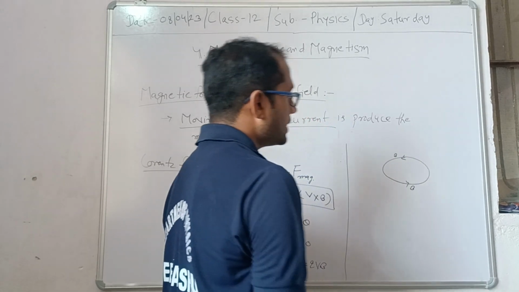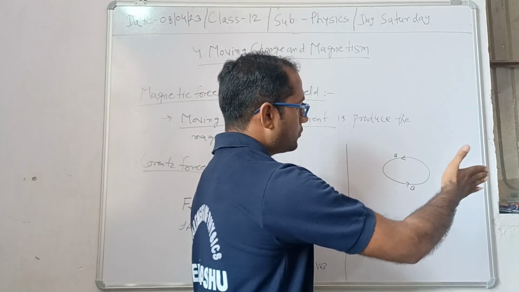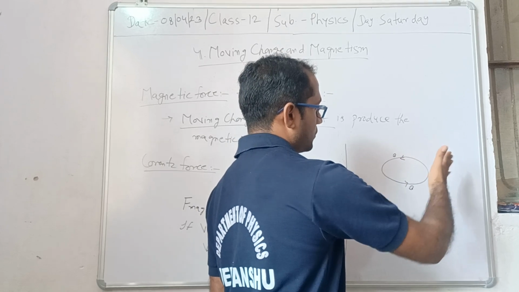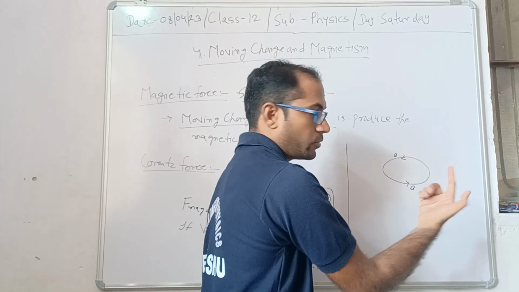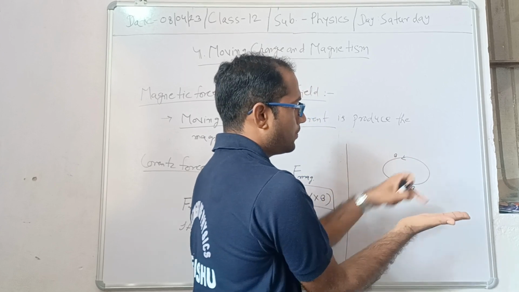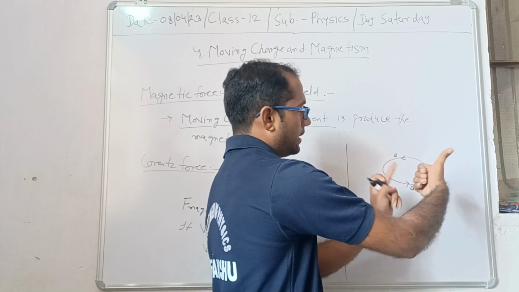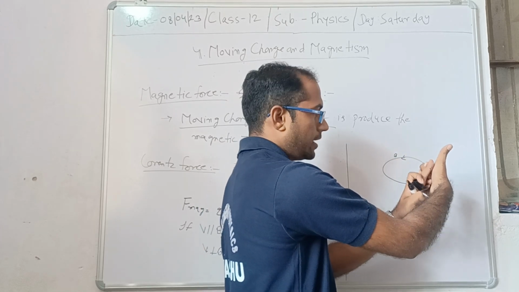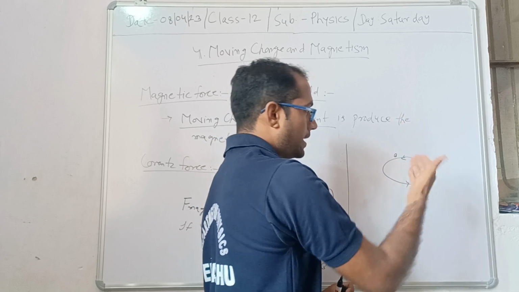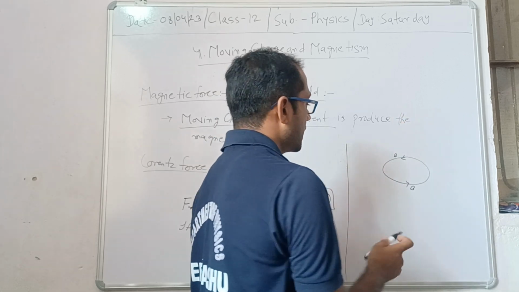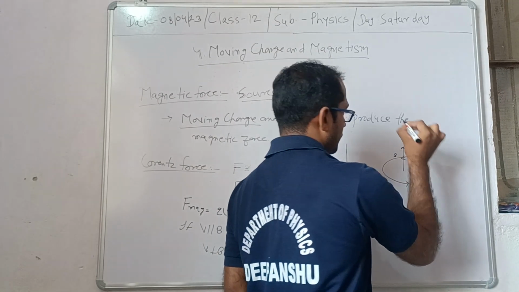We use our right hand and move our fingers along the magnetic field like this, in a circle on a plane, with the field lines in the direction of the fingers. Then the thumb is perpendicular to this plane, and the thumb shows the direction of the force.